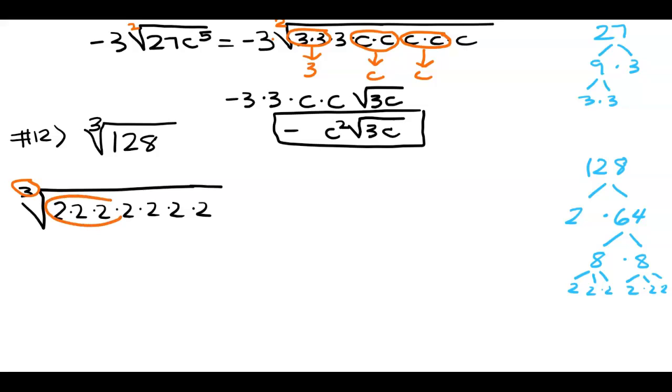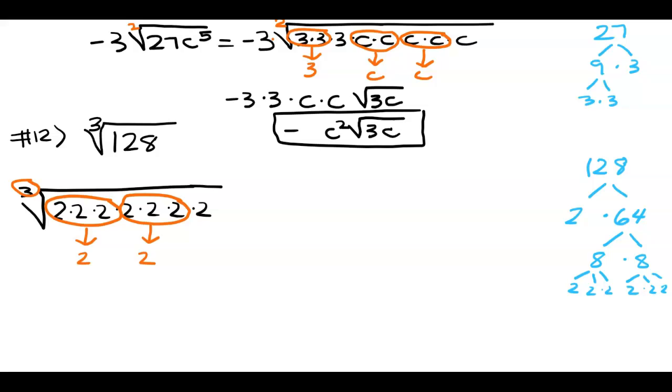There's a group of 3, so that means a 2 gets to come out. Here's another group of 3, so that 2 gets to come out. But this 2 doesn't have anybody else, so it has to stay inside. You can't make another group of 3.